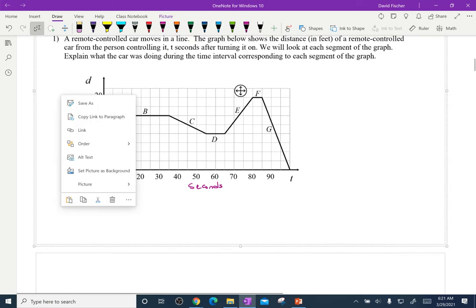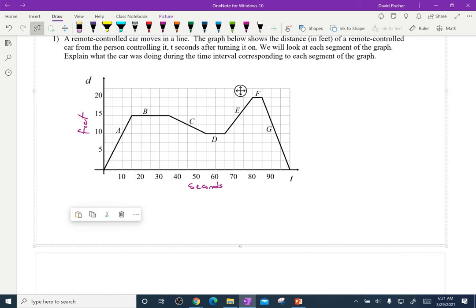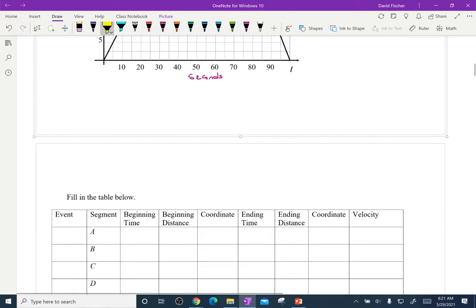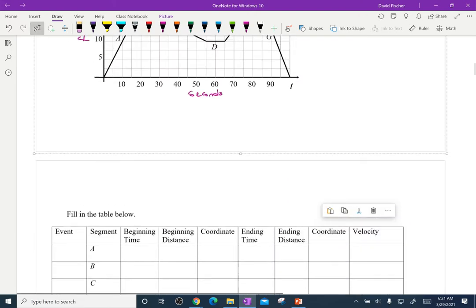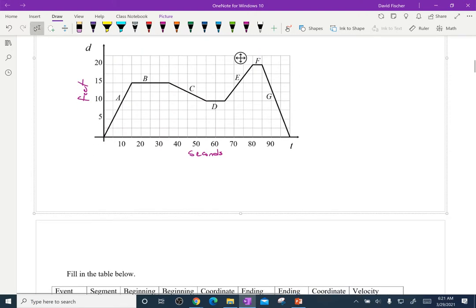Okay, now they say explain what the car was doing during the time interval corresponding with each line segment of the graph. And so down here in our table where it says event, we're going to look at line A first. So line A goes from there to there. And so here we're at 0 seconds, 0 feet. And by the end of the line segment A, we are at 15, 15.